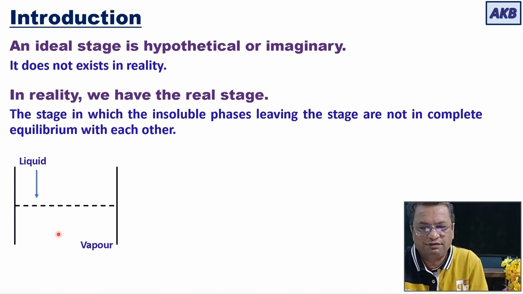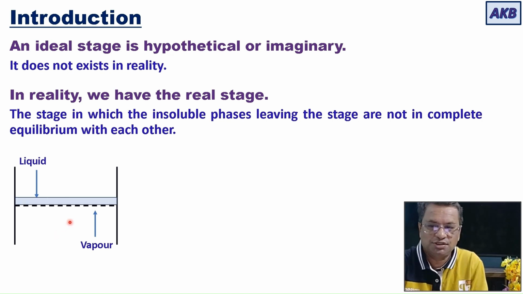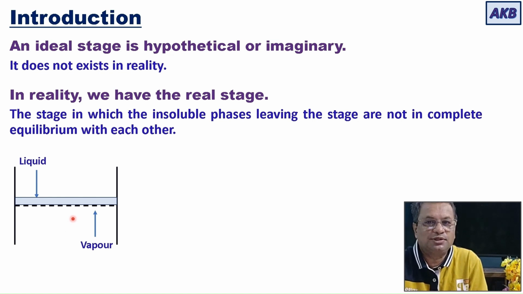So you have a liquid phase coming in contact with vapor phase on the tray, which is acting as a stage. There is an intimate contact, mass transfer occurs between them, and then they leave that tray.